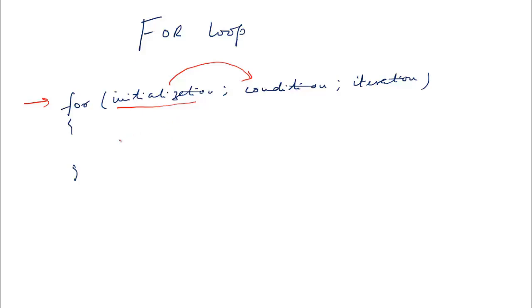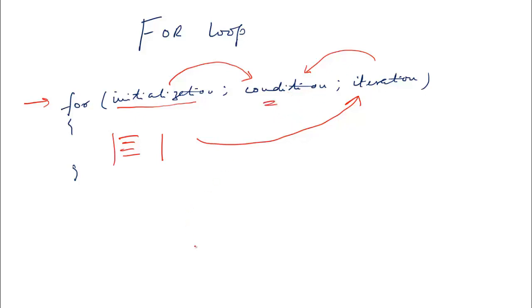If it is satisfied, then whatever the instruction here is, it will execute that instruction, and then it will come here and iterate, and then it will check again whether the condition is satisfied or not. And the first time it only comes here, and next time it will not come here. Next time it comes here and iterates, and then checks the condition, then iterates, then checks the condition, and it will run till the condition is satisfied here.